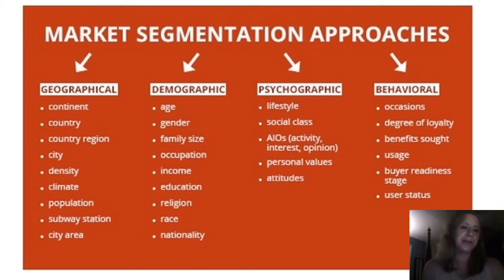So you can mix these different things. There's also the density of the population, subway station, city area. You might even define it even smaller, so it could be just a certain number of streets. Perhaps you have a small restaurant and you just want to keep it within a real small generalized area.